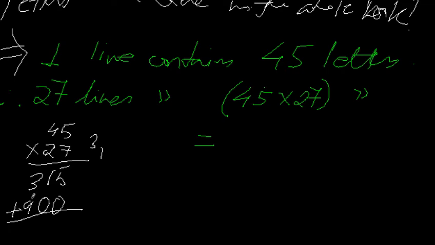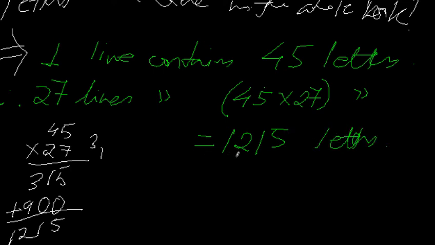Then add this two rows. 5 plus 0 is 5, 1 plus 0 is 1, 9 plus 3, no, 9, 10, 11, 12, sorry, 9 plus 3 will give you 12. So what number of letters do you get? 1215 letters. You have found that 1215 letters are there in the 27 lines.